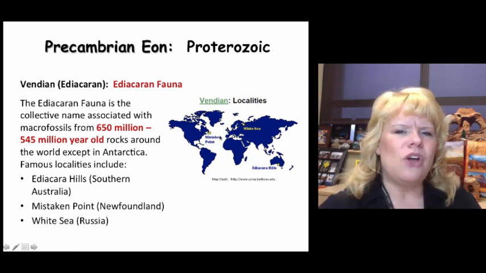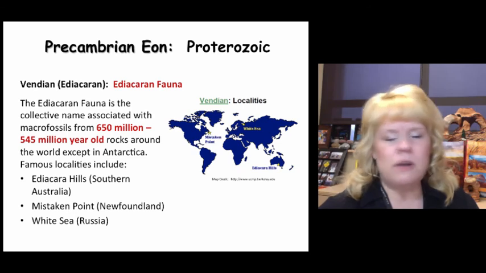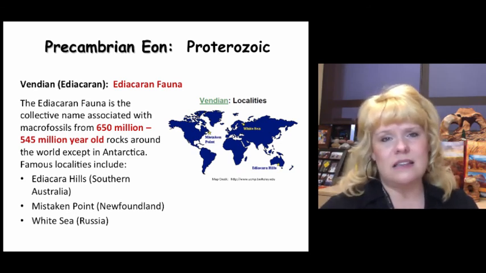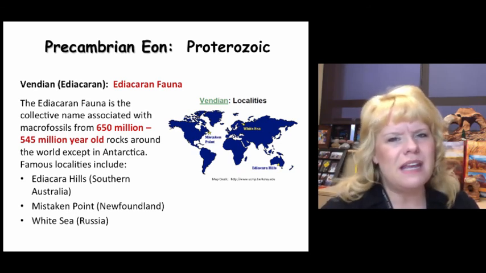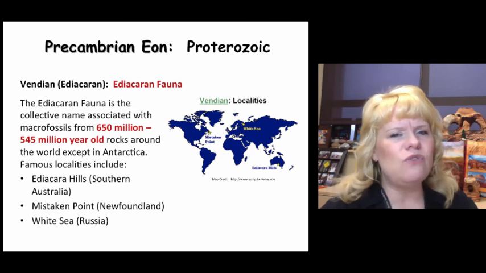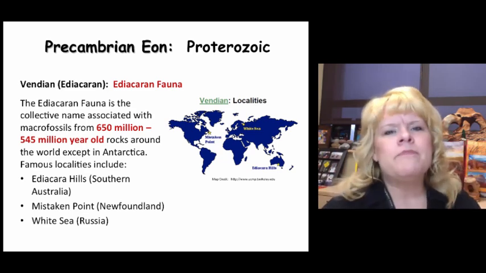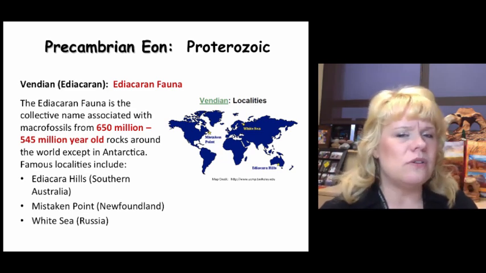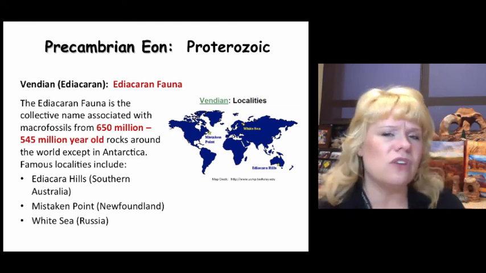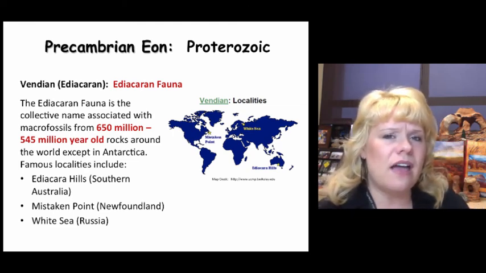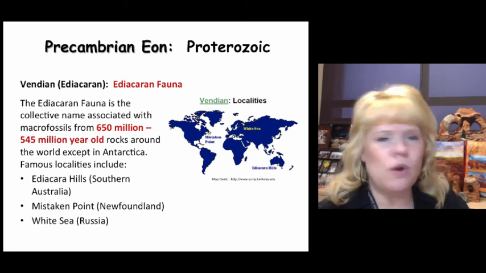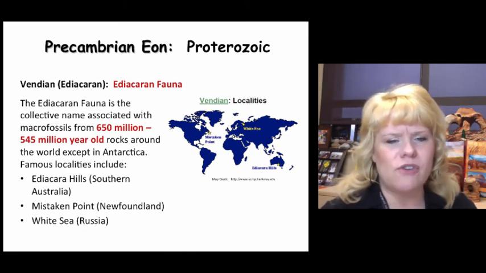So those are the 3 major locations, but not the only sites that contain these animals. So if you hear the term Ediacaran or Vendian, it's just referring to a time frame, not necessarily referring to an actual specific location. It will identify in the fossil description where those fossils were actually discovered.